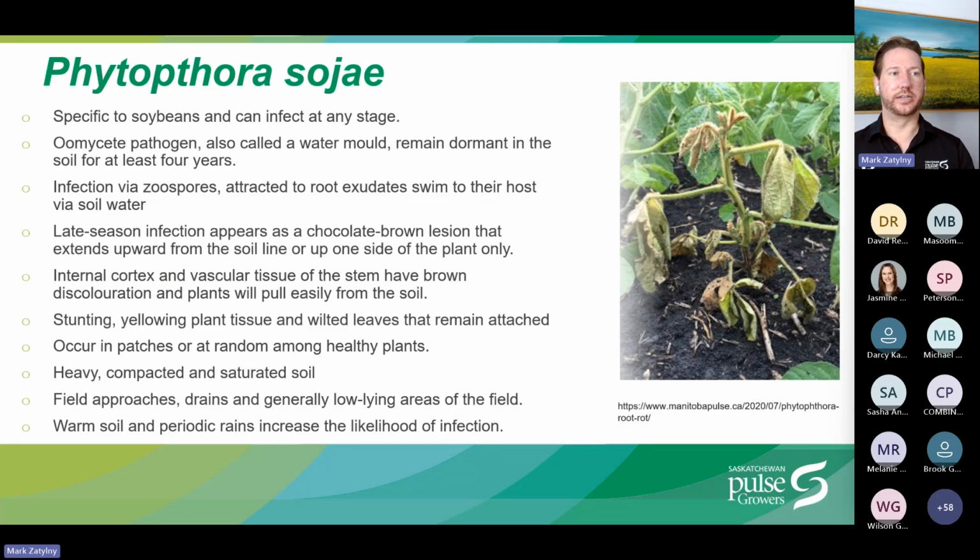It's very likely going to be Phytophthora. And again, like with other root rots, a lot of the time it is in patches, and those compacted, heavy soils all play a part in it, as well as having that higher moisture in the soil so that the zoospores can swim around and infect the roots.